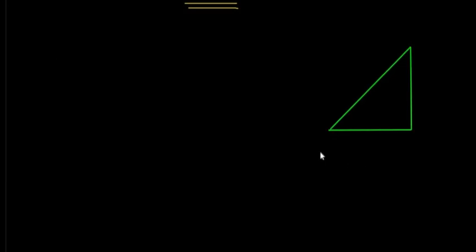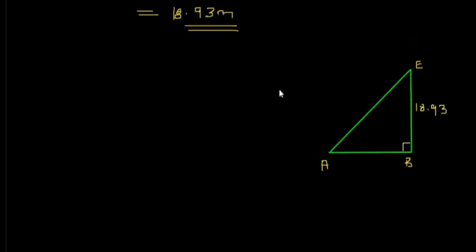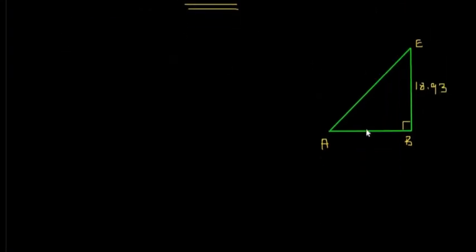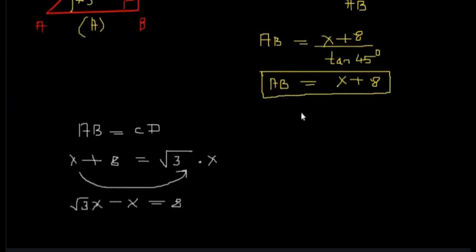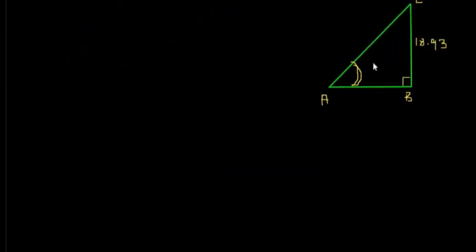So we have A, B, E, and this is the right angle triangle, and this was the total height of the building, which was 18.93, which we got over here, and the angle for this big triangle was 45 degrees, and this is the y distance which we need to find out.